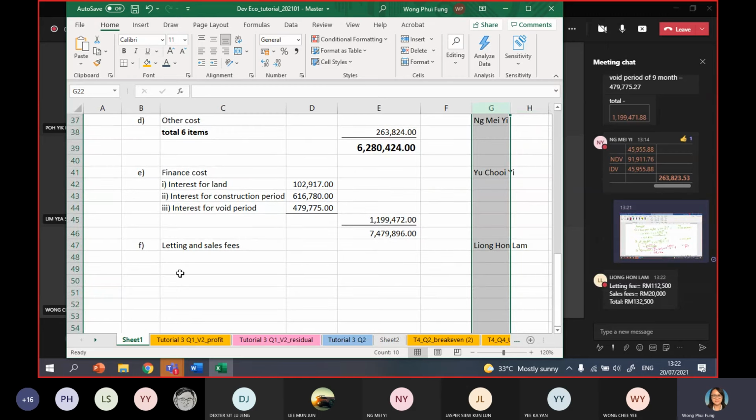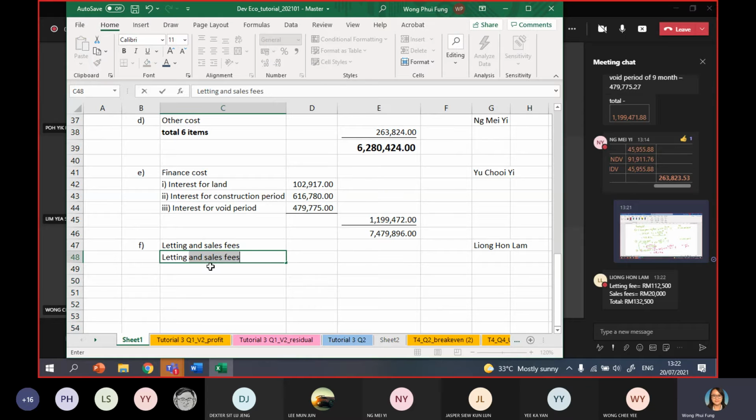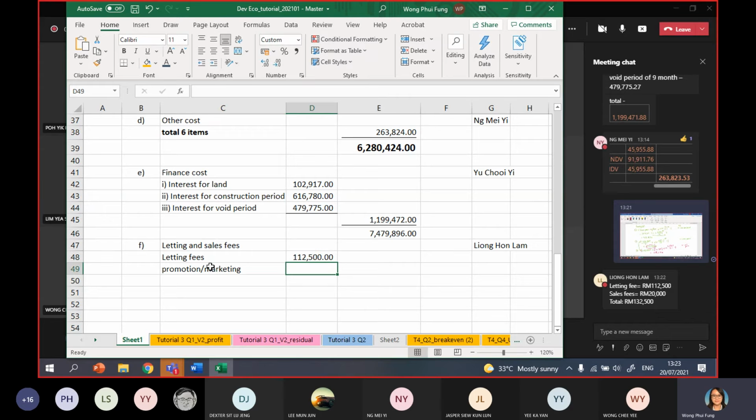Okay, good. Under this one, you can see that there are letting and sales fee, only two. Letting fee and promotion, it's not the sales fee. Promotion and marketing fee. So only two here.